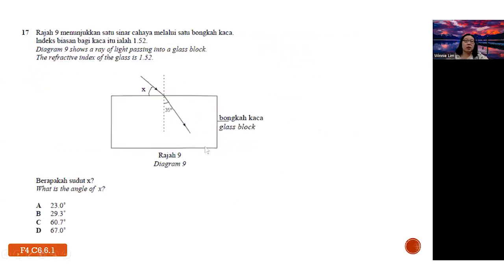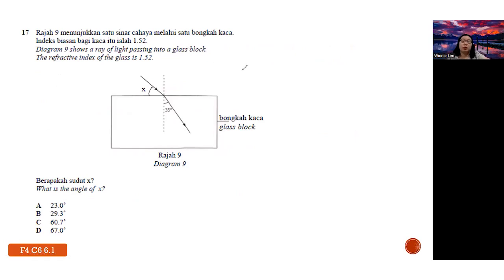Okay, next we have the last topic in Form 4, which is Chapter 6, Light and Optics. 6.1 is on refraction of light. For refraction of light, you all need to know the idea of refractive index.